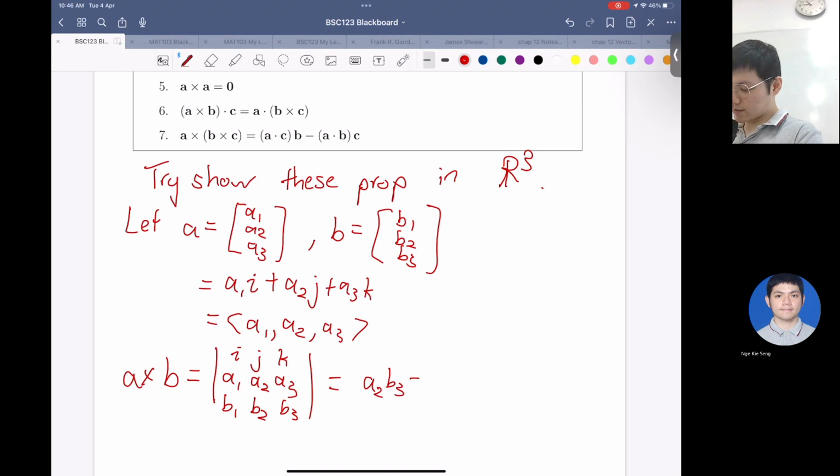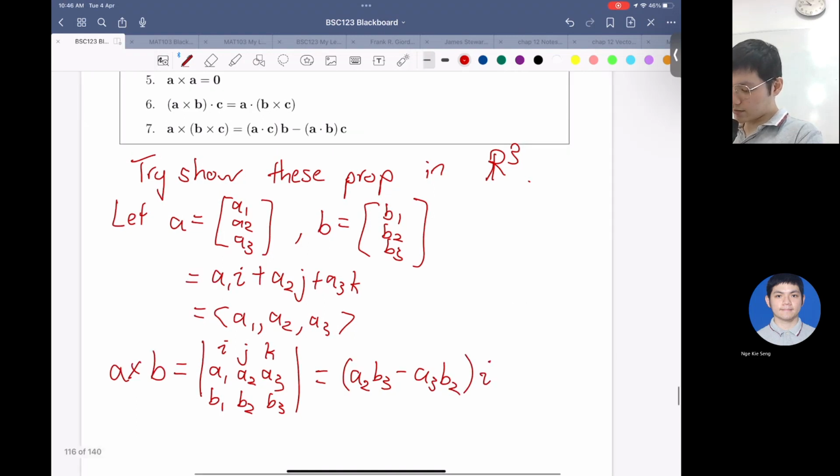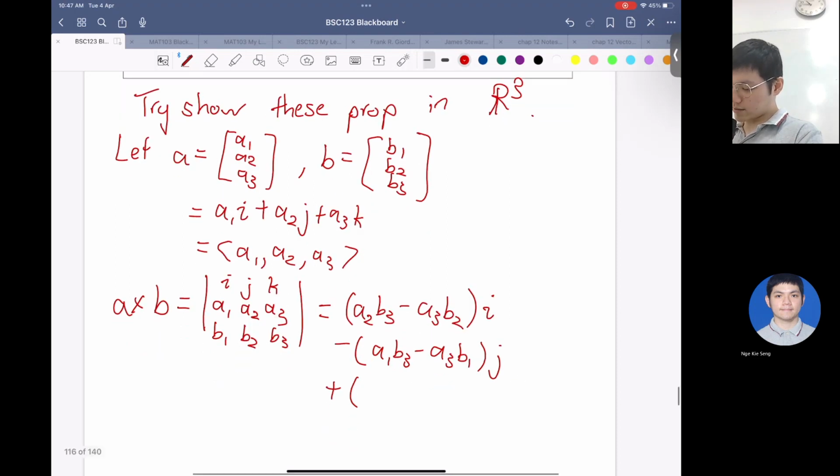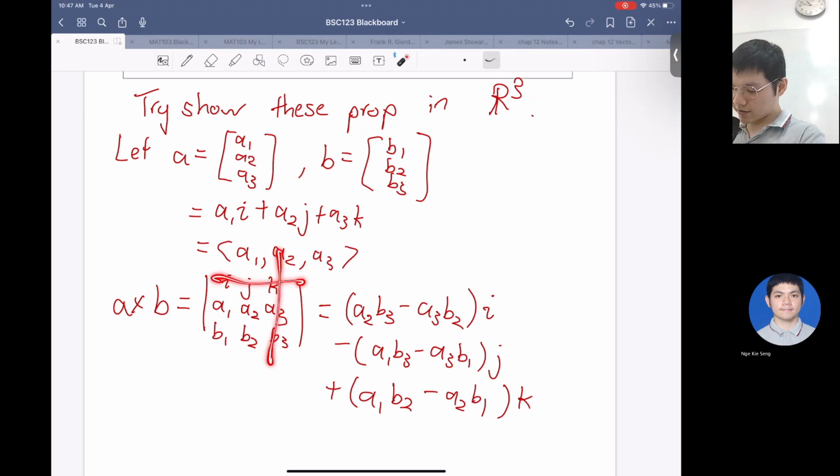A2 B3 minus A3 B2 times I, and then minus J times (A1 B3 minus A3 B1), and then plus K times (A1 B2 minus A2 B1). So do the cofactor expansion.